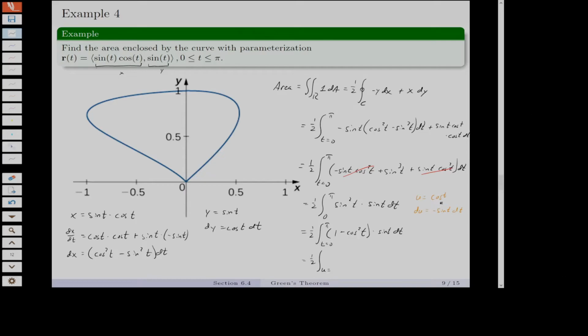When t is 0, cosine of 0 is 1. When t is pi, cosine of pi is negative 1. Cosine was u, so this 1 minus cosine squared t is 1 minus u squared, and sine of t dt is a negative 1 du.